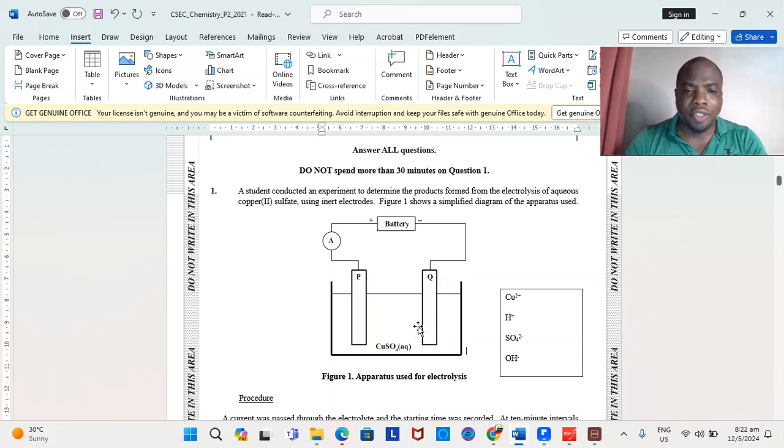But there are three things that you have to consider when you're looking at who is preferentially discharged at either the anode or the cathode. Like I said, I'm just doing a quick recap. So we know that we have the electrochemical series that places these ions in a reactivity series where the one that is lowest in the series would be the one that is preferentially discharged.